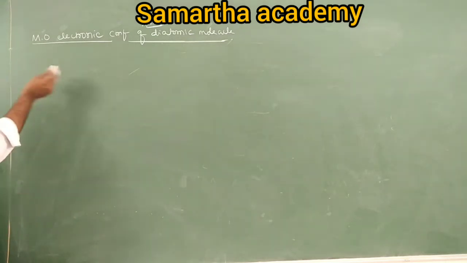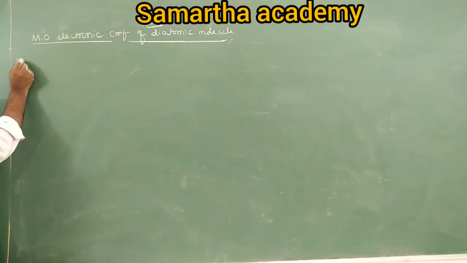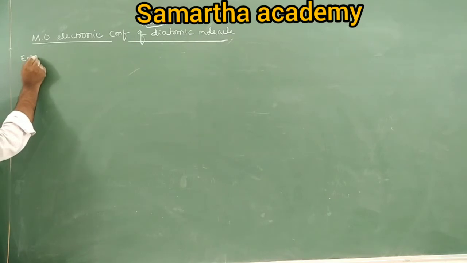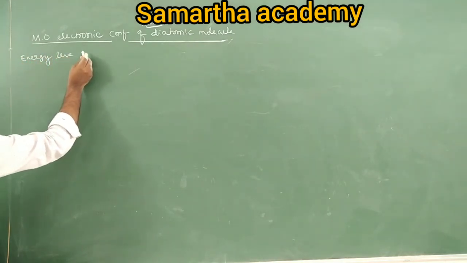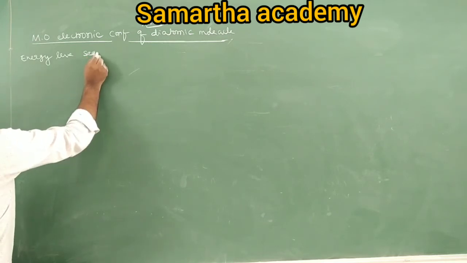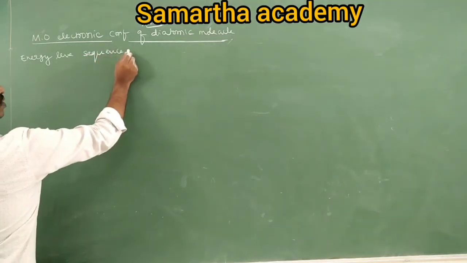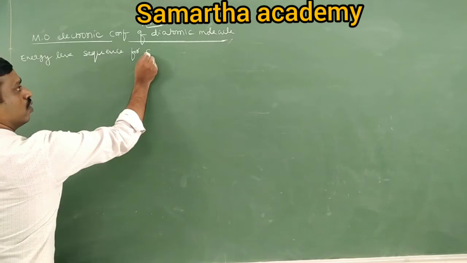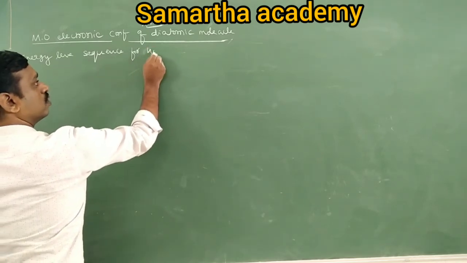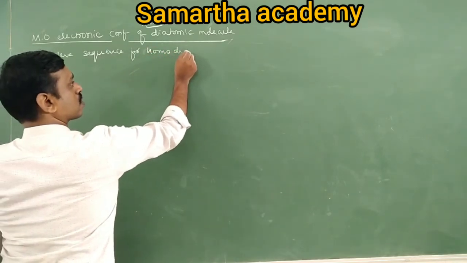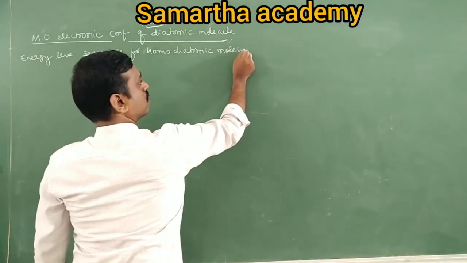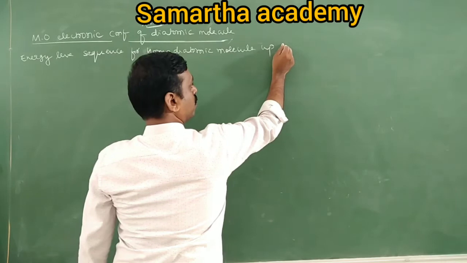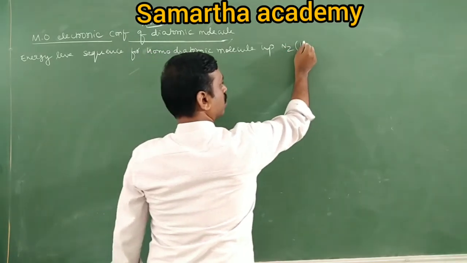So therefore, energy level sequence for homodiatomic molecule, up to nitrogen, in bracket 14 electrons.